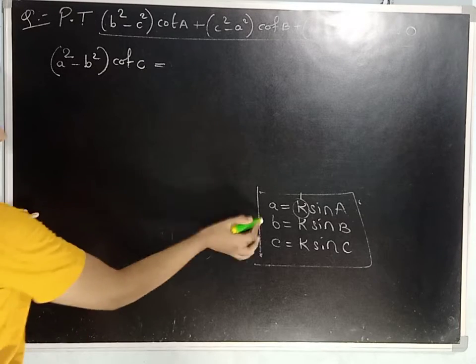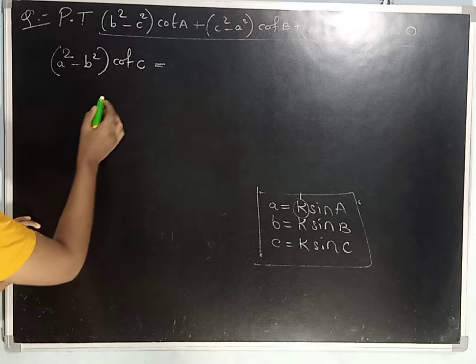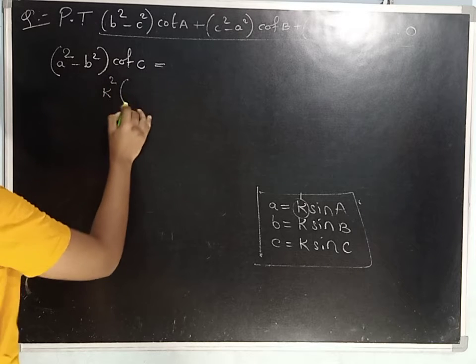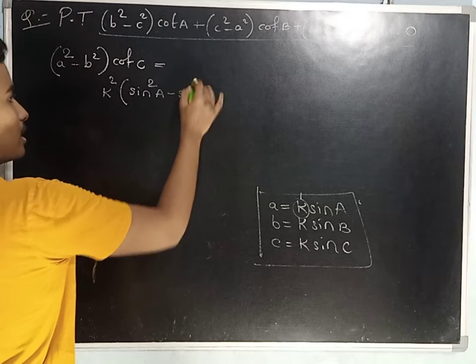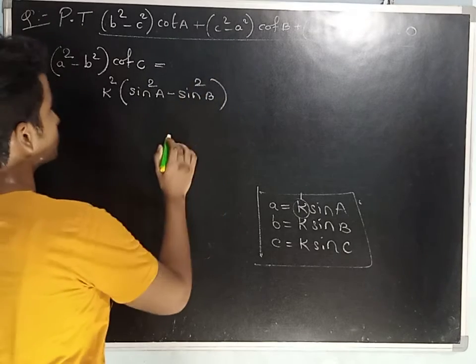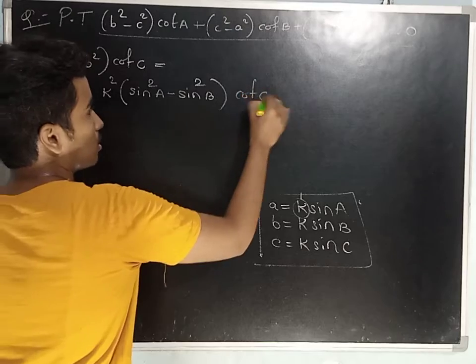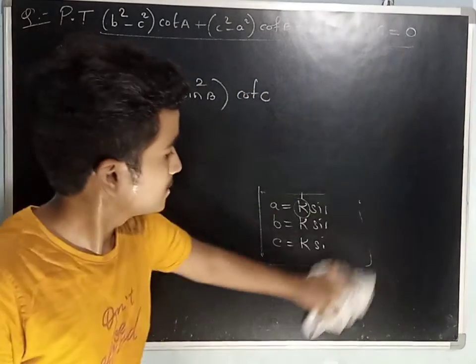Let me put these constants, this a and b, in this equation, so that I am going to get k square into sine square a minus sine square b into cos c.